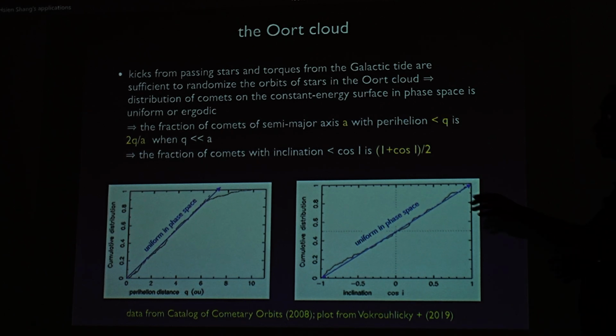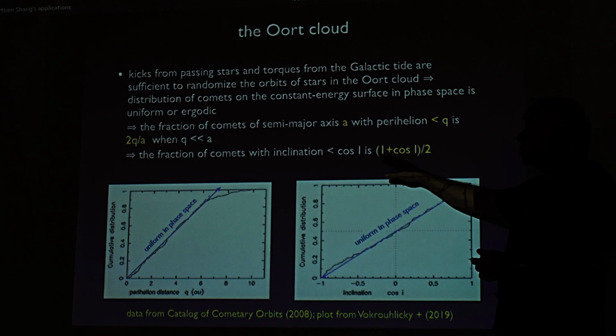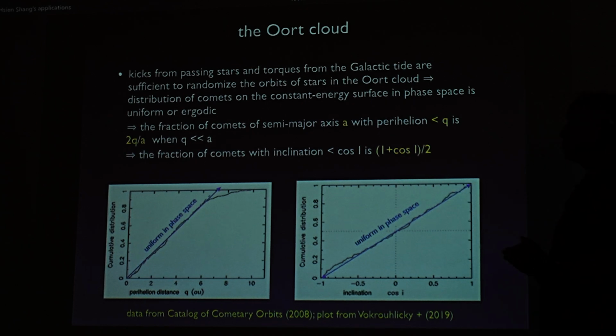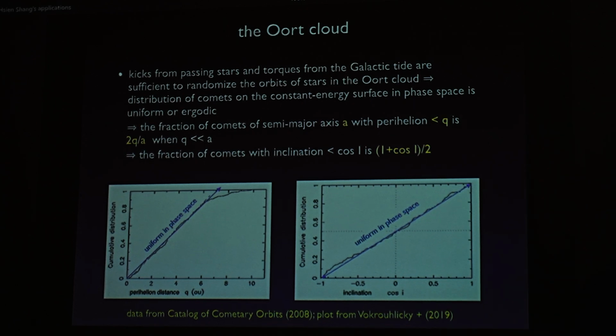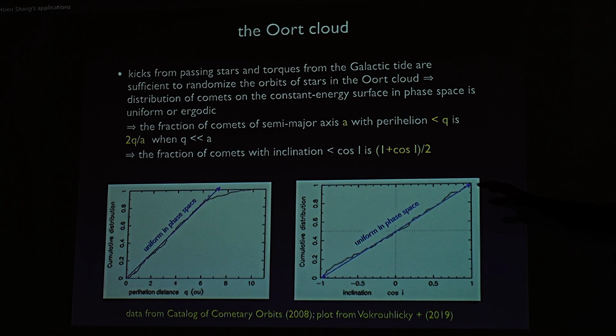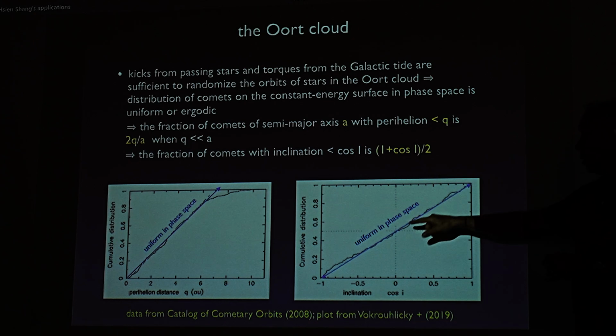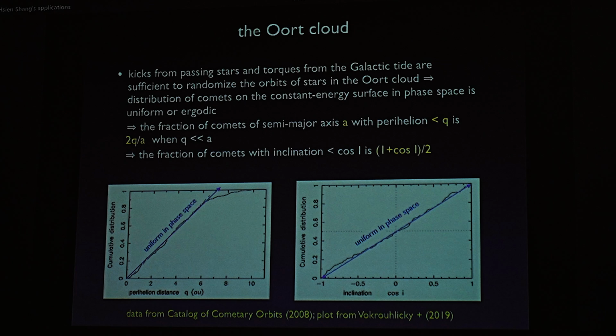If the distribution is ergodic, the fraction of comets with an inclination less than some cosine of I is 1 plus cosine over 2. Again, you can plot that for the Oort cloud, and you get a very good match. So it appears that the distribution of comets in the Oort cloud is basically ergodic.